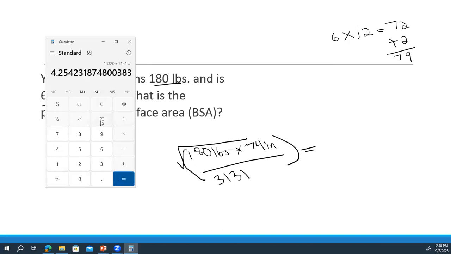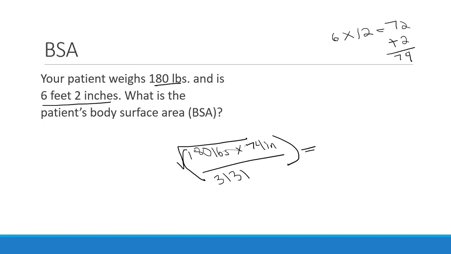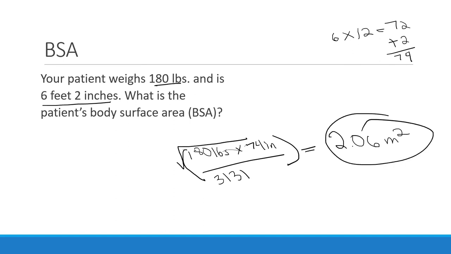And then I'm going to square root that, and I get 2.06. Now, usually with your body surface areas, we go to the hundredth place. So that's going to equal 2.06 m squared, because that's my body surface area.